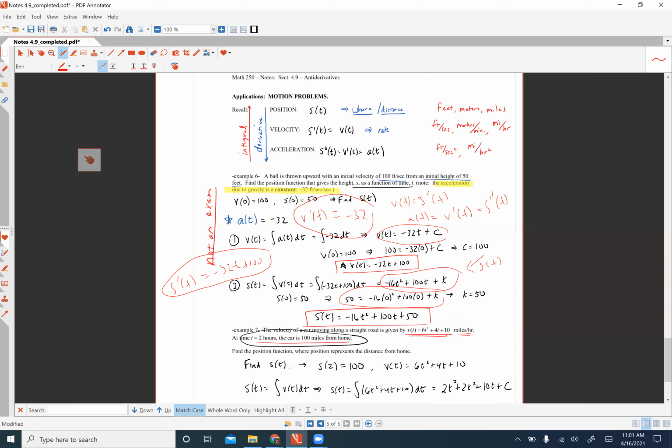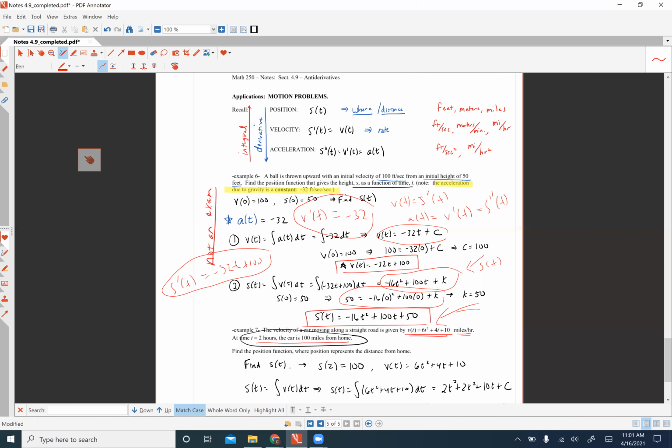So k is 50. So we've actually solved the problem. If a ball is thrown with an initial velocity of 100 feet per second and a height of 50 feet, what is the position function? Well, this is the position function right here: minus 16t squared plus 100t plus 50.